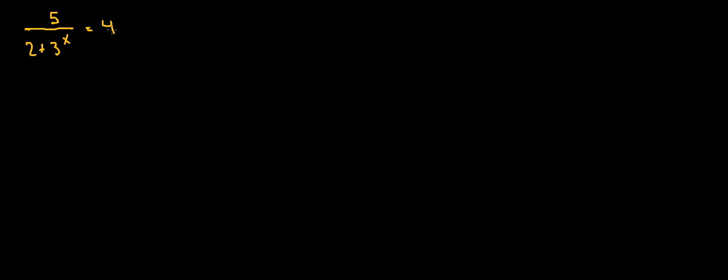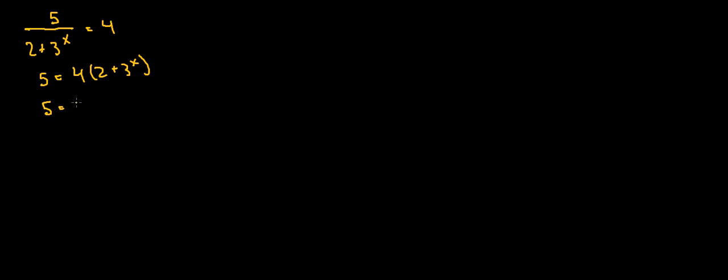So the first thing I'm going to want to do is remove my x from a denominator. So I'm going to multiply this to the other side. I'm going to multiply both sides by 2 plus 3 to the x. And it will give me 5 is equal to 4 times 2 plus 3 to the x.